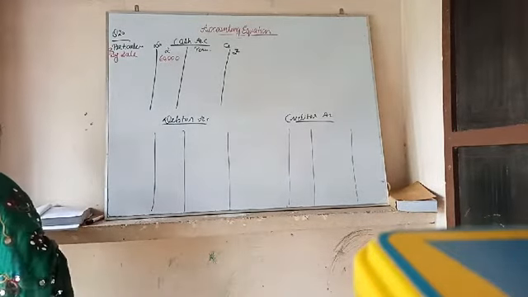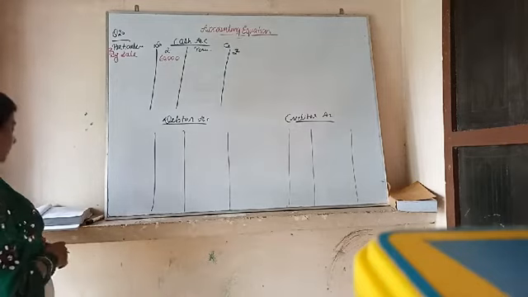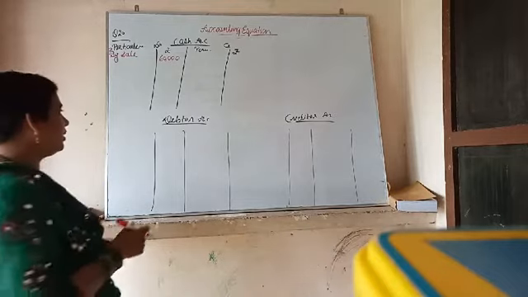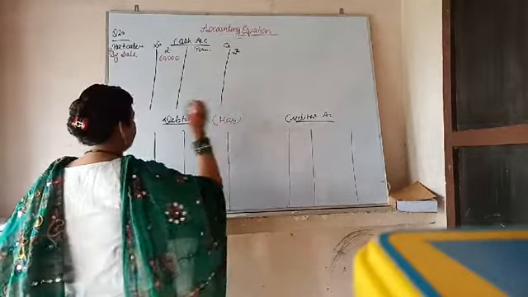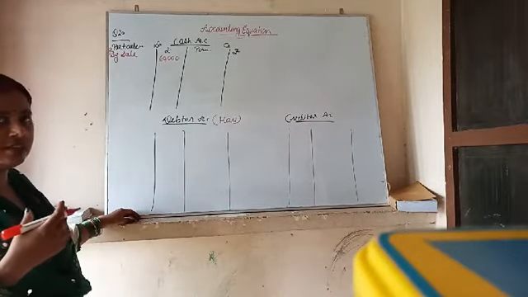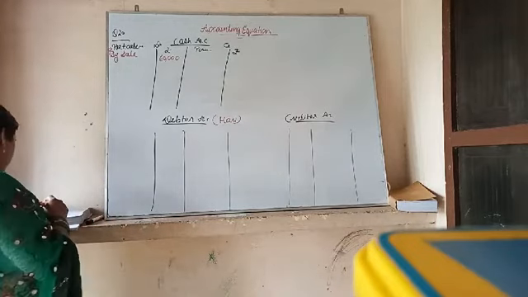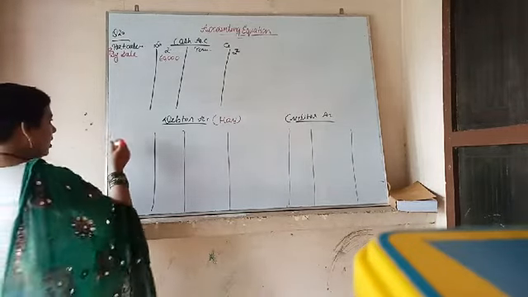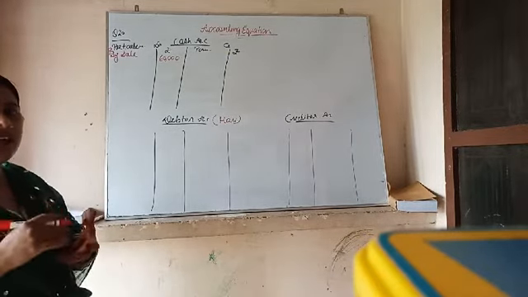The next transaction is given: sold goods to Hari on credit, 20,000. If we sold goods to Hari on credit, then Hari will be our debtor and he is the receiver. Debtor is a personal account: debit the receiver.